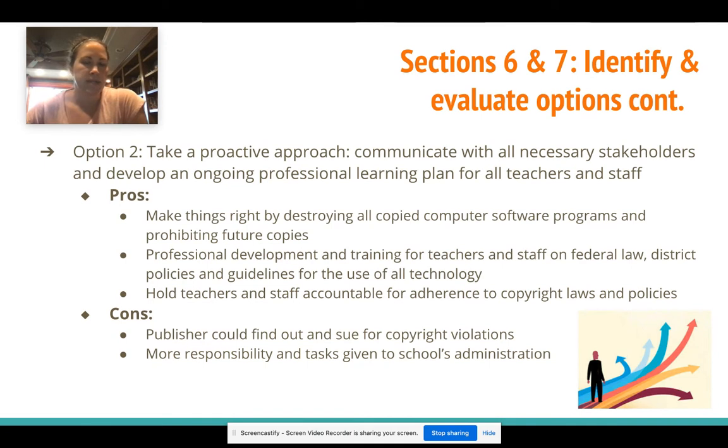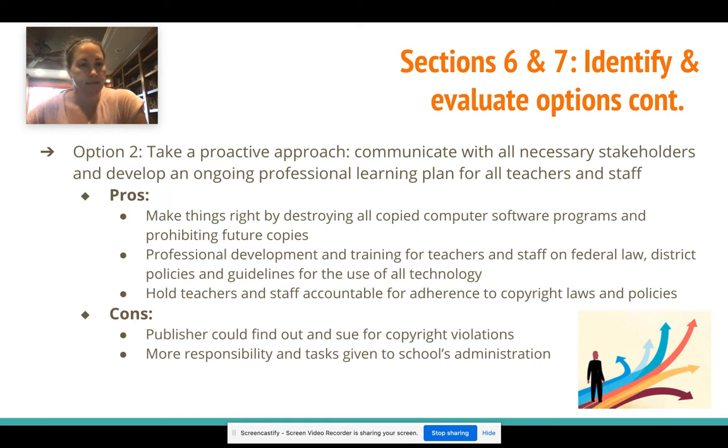Option 2 would be to take a proactive approach, communicate with all necessary stakeholders, and develop an ongoing professional learning plan for all teachers and staff. So the pros of this approach would be to make things right by destroying all copied computer software programs and prohibiting future copies, professional development and training for teachers and staff on federal law, district policies, and guidelines for the use of all technology, and that would include computer programs, hold teachers and staff accountable for adherence to copyright laws and policies.